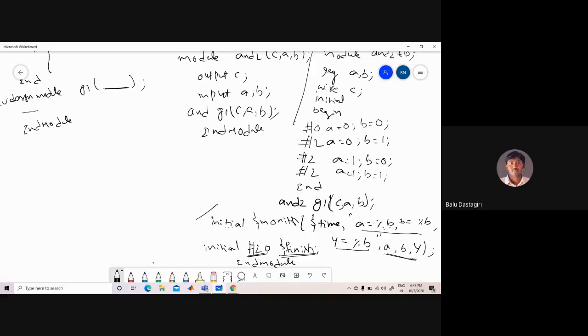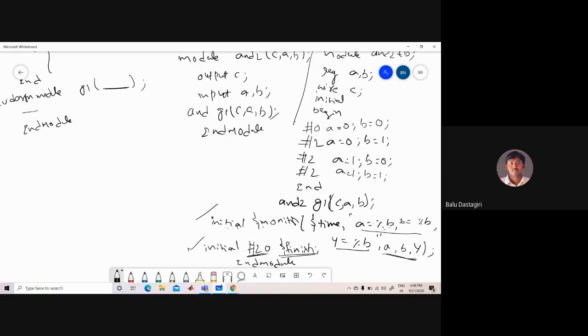In these two cases, after writing initial we have not taken begin and end. Why? Because in the initial there is only one statement, so there is no need to write begin and end. If you want to write multiple statements inside an initial block or always block, we have to use begin and end statements.